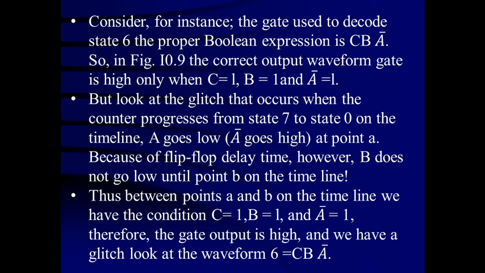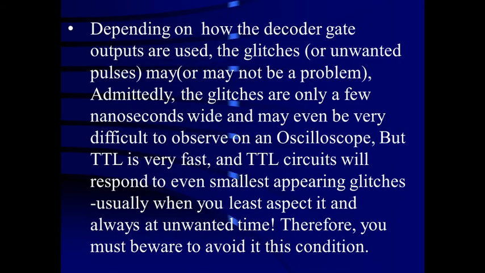Look at the waveform 6, C equal to C B A bar. Depending on how the decoder gate outputs are used, the glitches, known as unwanted pulses or unwanted signals, may or may not create problems.